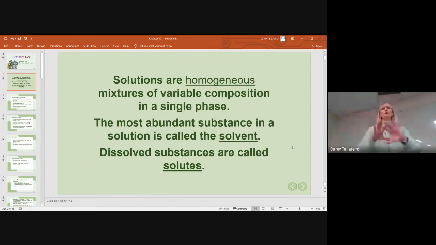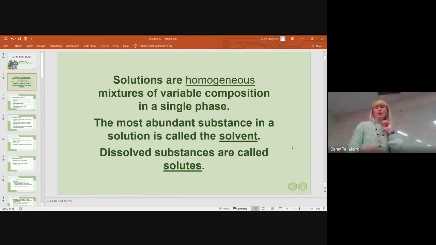So it is what is most abundant in that solution. Now, again, it's not just liquids and solids that can be solutions, and we're going to talk about all of that. So the solvent is what you have the most of in the solution. And then the solute or solutes, you can have more than one, is what's getting dissolved in that solvent.